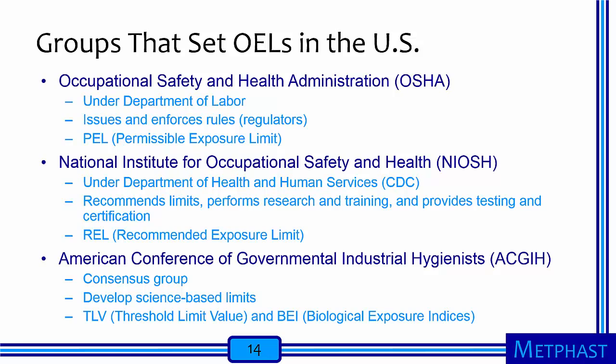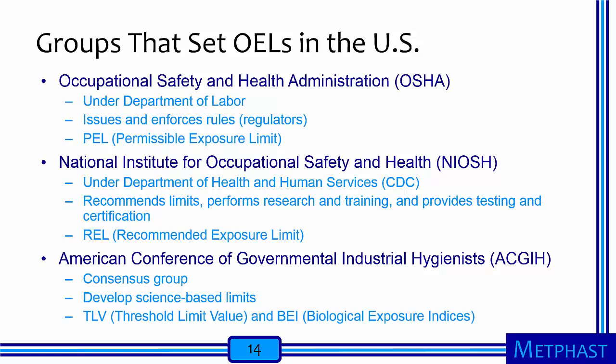The National Institute for Occupational Safety and Health, NIOSH, under the Department of Health and Human Services within the CDC, Centers for Disease Control, recommends limits, performs research and training, and provides testing and certification. They provide recommended exposure limits, or RELs.